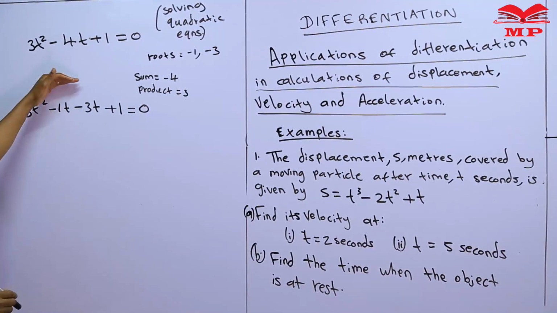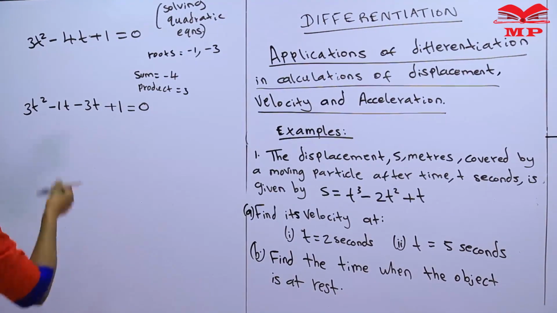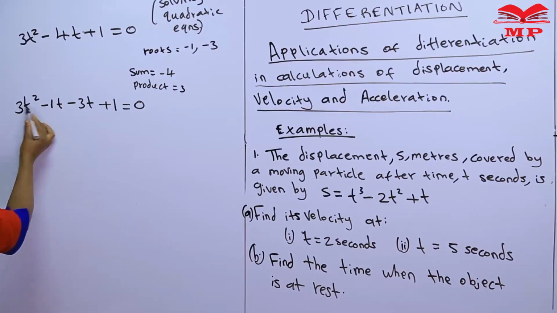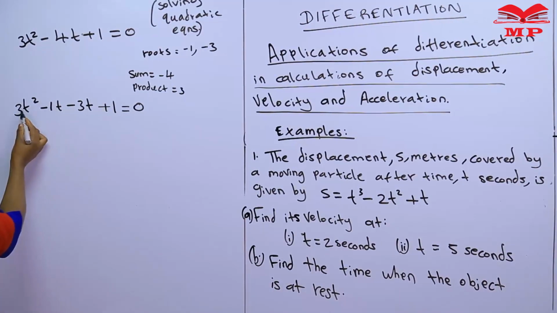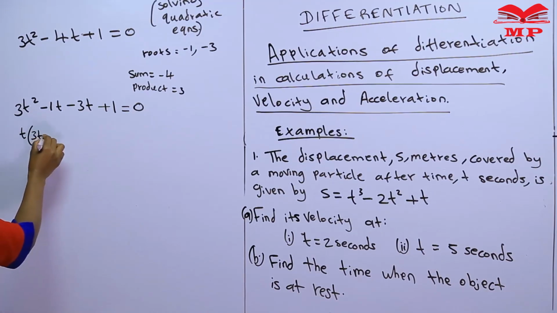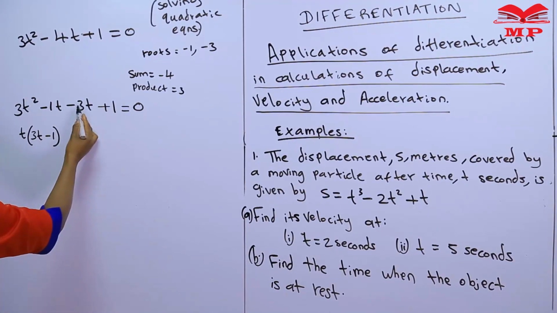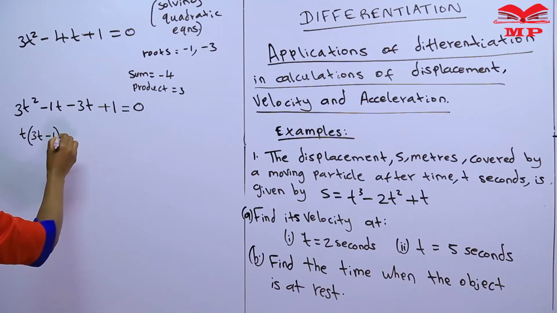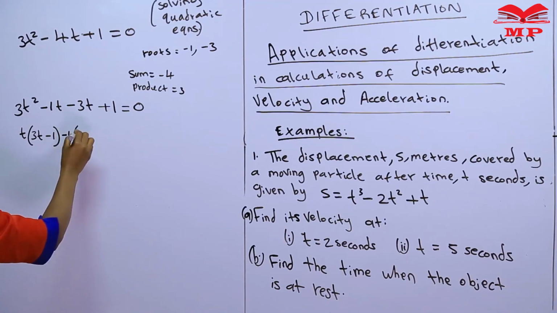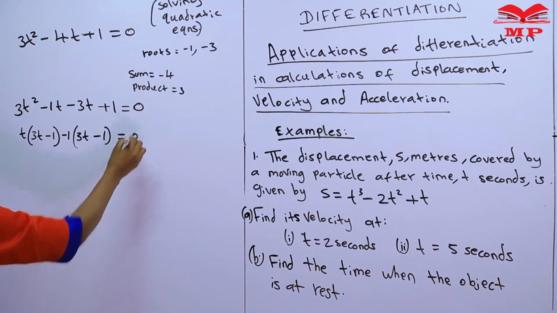We can have this for finding the roots. We can also have the formula method. So we are going to factor out the common factor, and our common factor here is t. So here we remain with 3t minus 1. Then here we also factor out the common factor, which in our case is negative 1. Here we'll have 3t minus 1 is equal to 0.